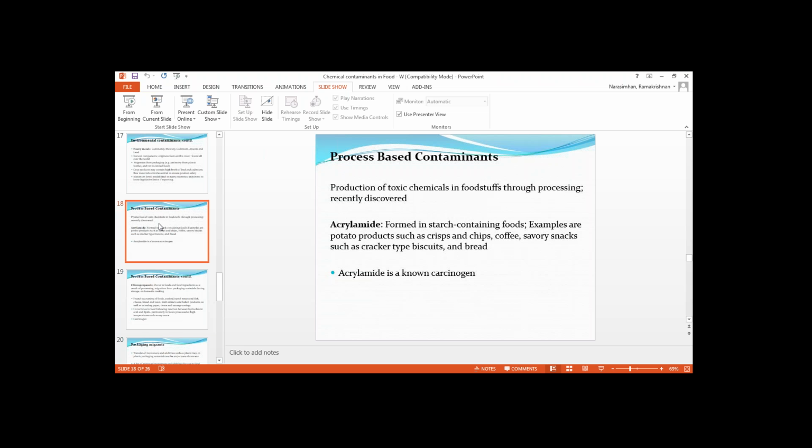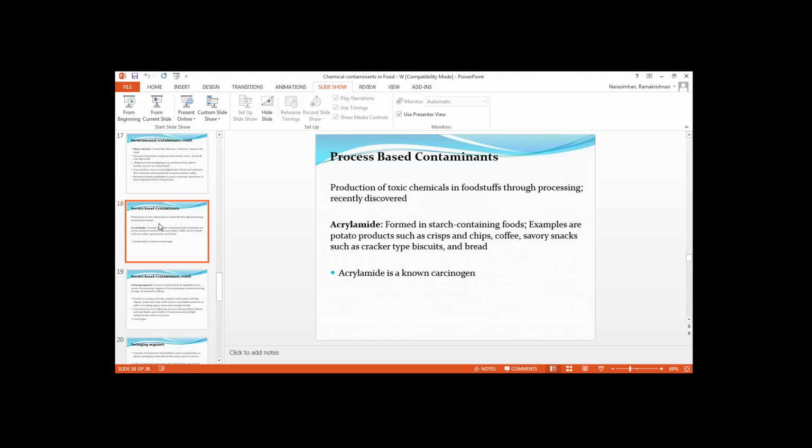I think somewhere in 2002, Swedish scientists unexpectedly discovered this when they were carrying out a study into occupational exposure of acrylamide. And subsequent research has revealed that this particular chemical is formed in food by traditional cooking methods such as baking, frying, roasting, etc. When you roast materials at high temperatures, this gets formed, actually.